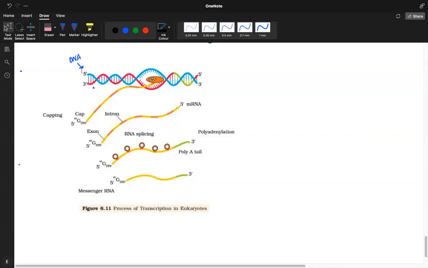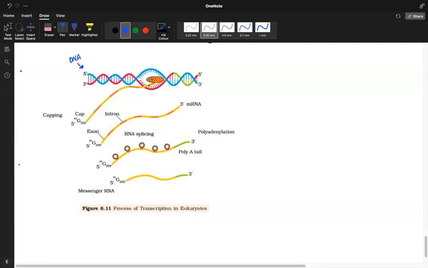But the factors are different, because it's not sigma and rho here. They have different names and different structures, but you will find similar kinds of proteins present in the eukaryotic system as well. But just remember that there is an initiation factor and there is a termination factor.